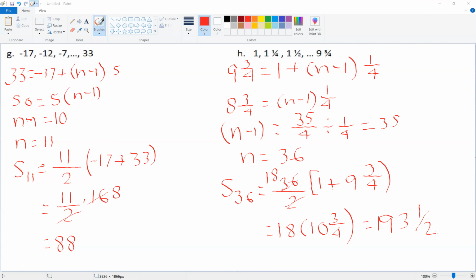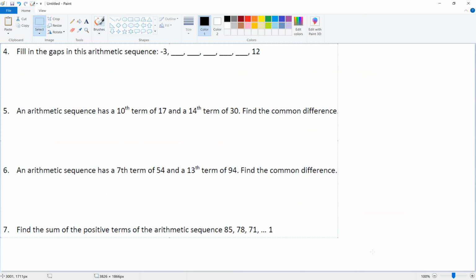Okay. So now the questions are word questions. So hopefully everybody understands the formula. Anybody still confused? Needs any explanation? No? Okay.